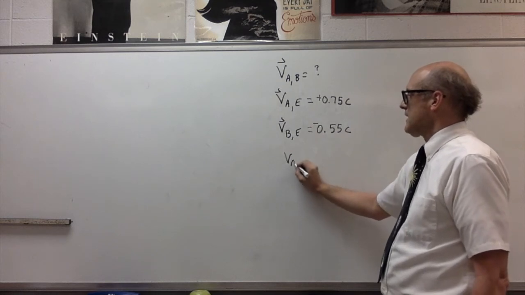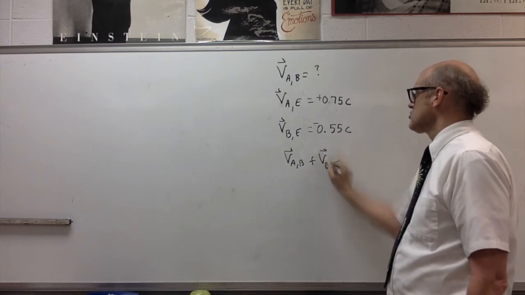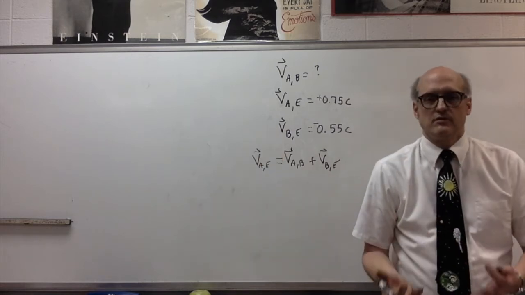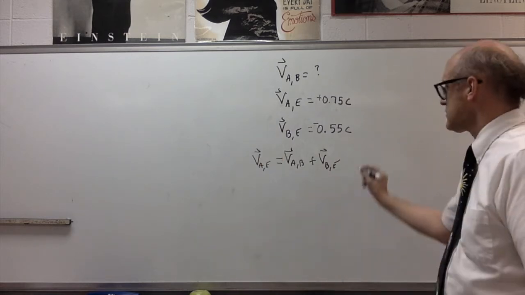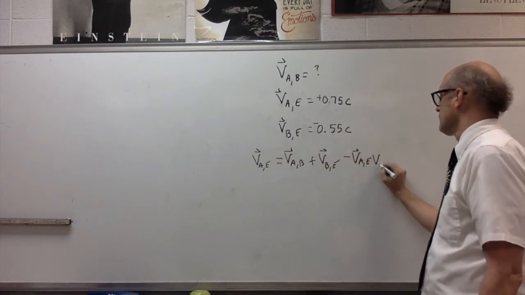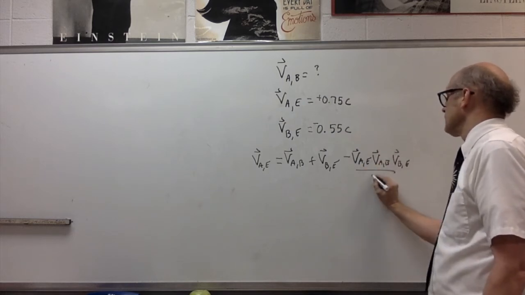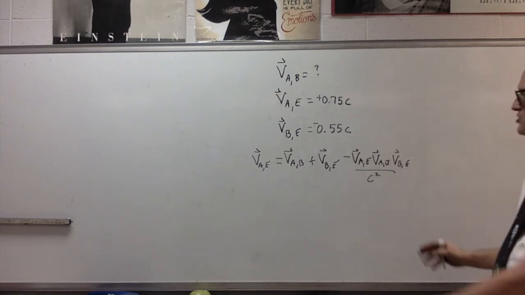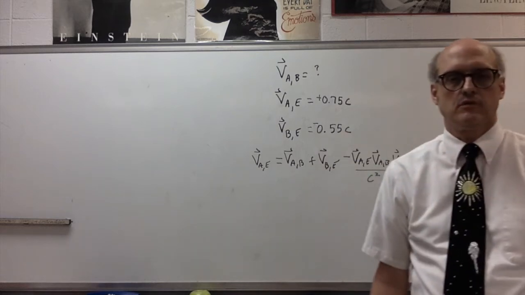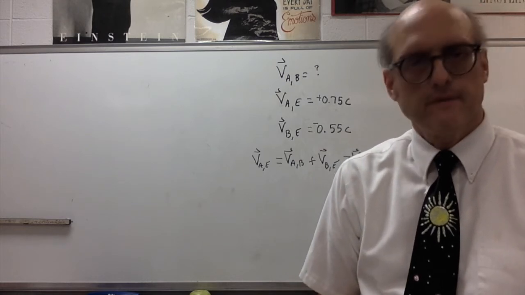I know that VAB plus VBE should be equal to VAE. And I need to take into account relativistic effects, so I subtract from that the product of the velocities divided by the speed of light squared. So I need to solve for VAB. This is very similar to the problem I solved previously, number 30, chapter 28.